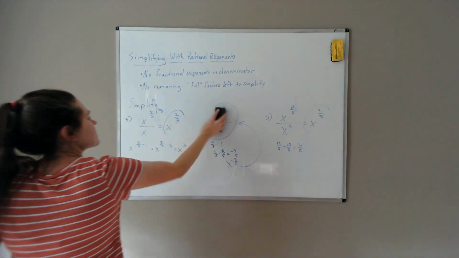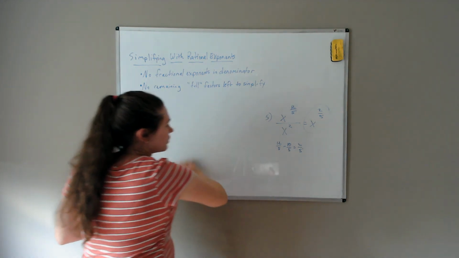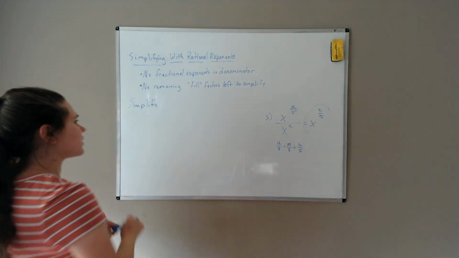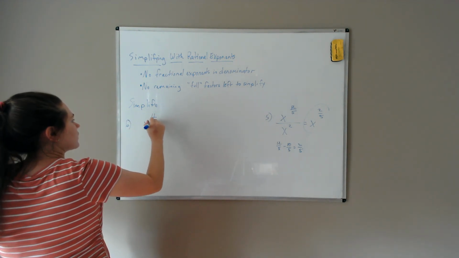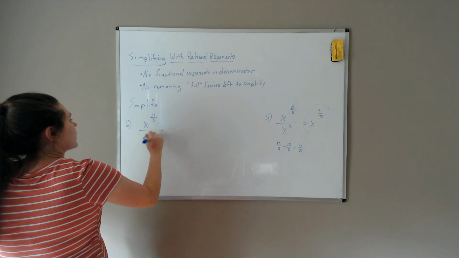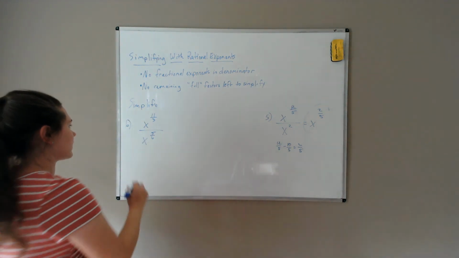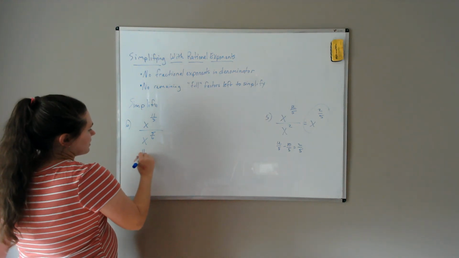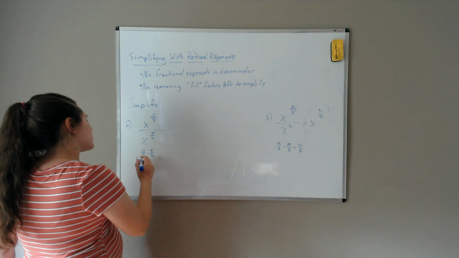Okay. Number 6, what do you do when you have rational exponents like this? If they're both fractional, don't even think about it, go right to subtracting. x to the 11 thirds minus 5/6. So we have to have a common denominator.